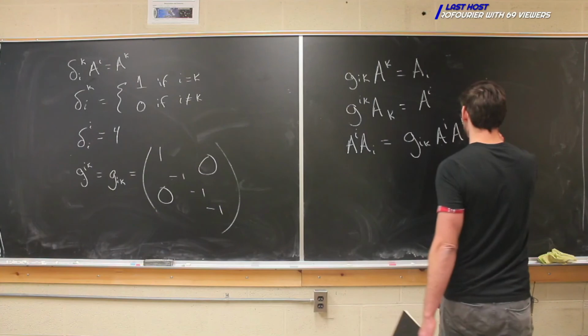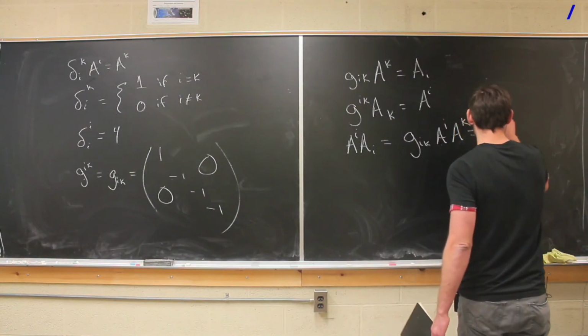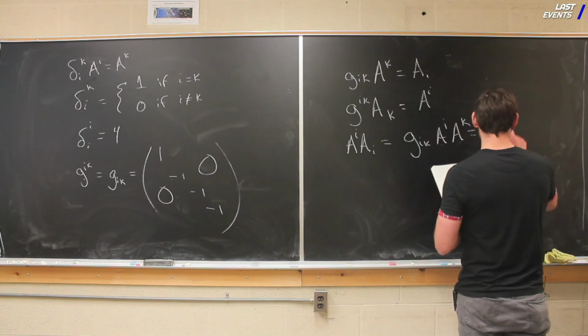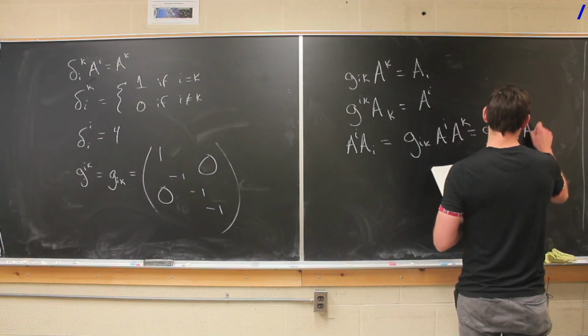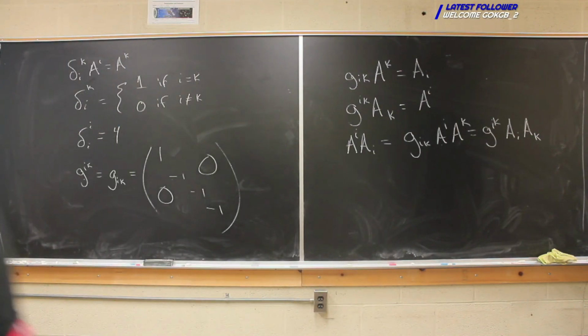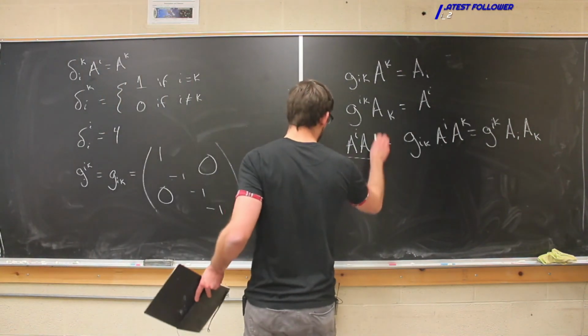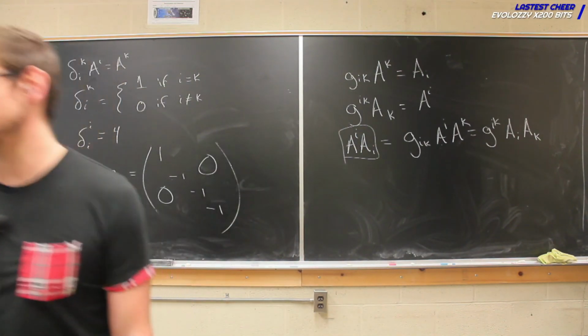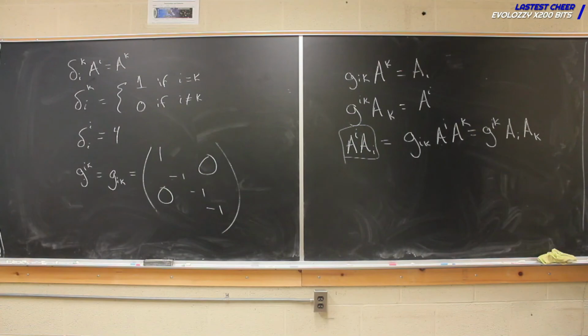And we can do the same by switching from upstairs to downstairs and say g^ik A_i A_k. Of course, remember this is the scalar product that we were talking about in the beginning. These are just some of the acrobatics we're going to be doing with tensors.